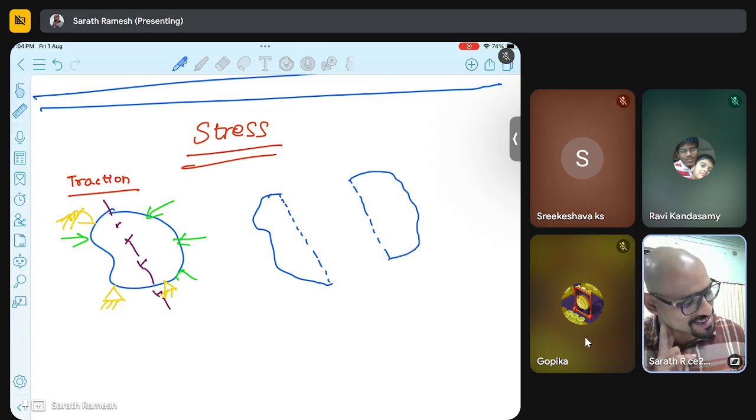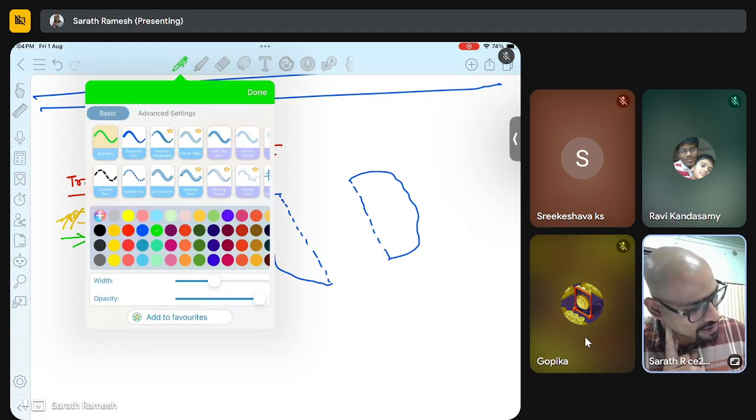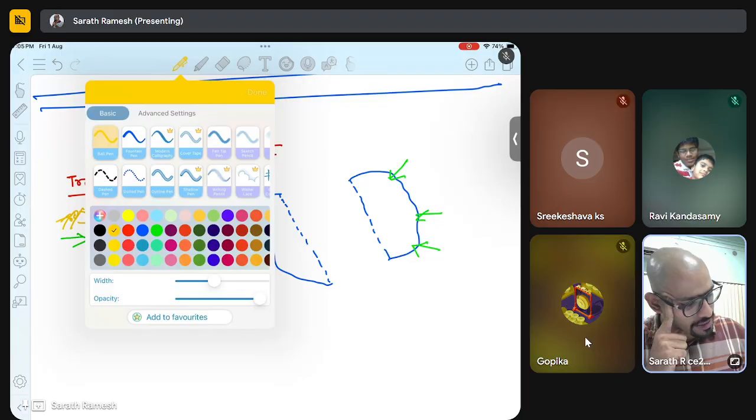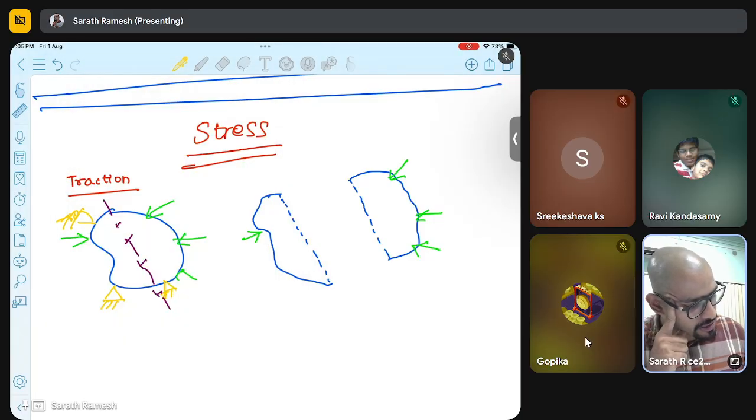Assume these two are the same, so the same forces are there. One, two, three, and let me remove the support and replace it with some reactions.